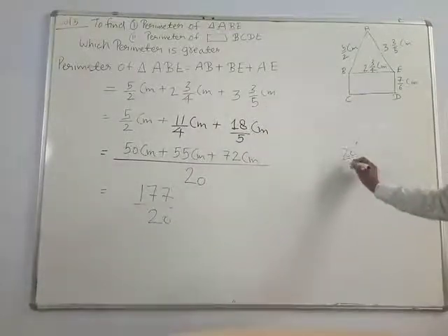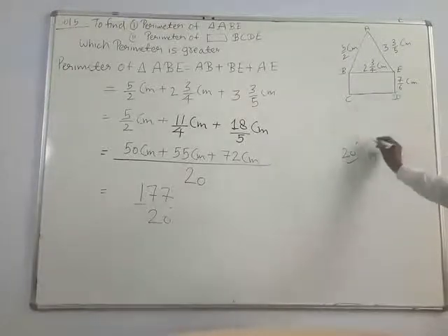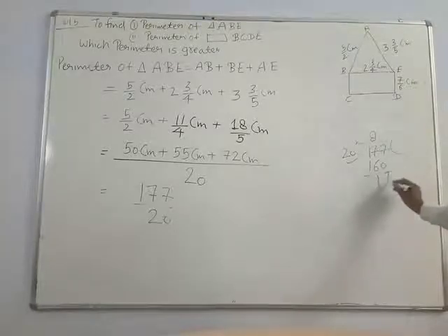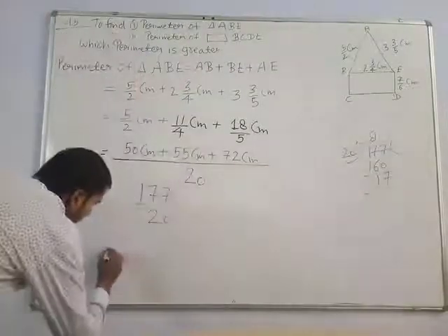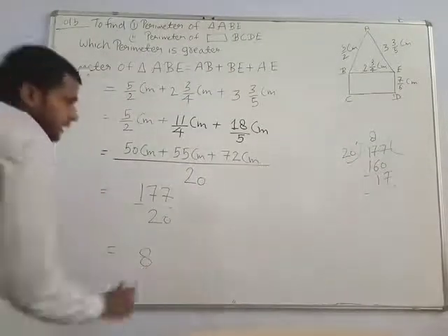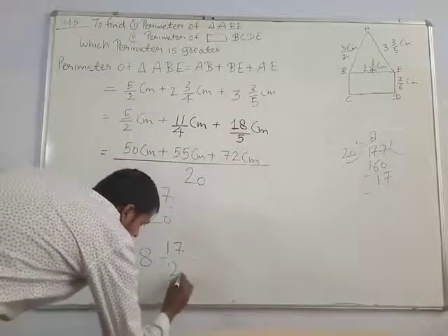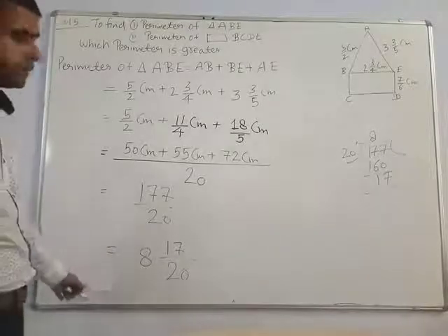So 177 divided by 20: 20 8s are 160, remainder 17. First write the quotient 8, then the remainder, and then the divisor. So 8 17/20, right?